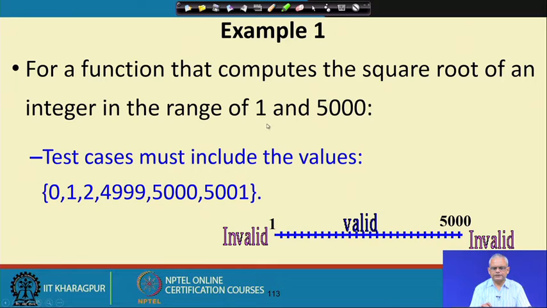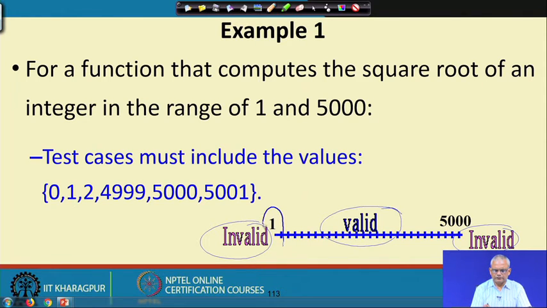Let us take the same problem that we were considering earlier for equivalence class testing, that it takes one parameter only. The valid values are between 1 and 5000. If we draw this, we represent the data, then we have one valid class and 2 invalid classes, and there are 2 boundaries here. One is between the valid class and the invalid on the lower side, and another is between the valid class and the invalid on the upper side.